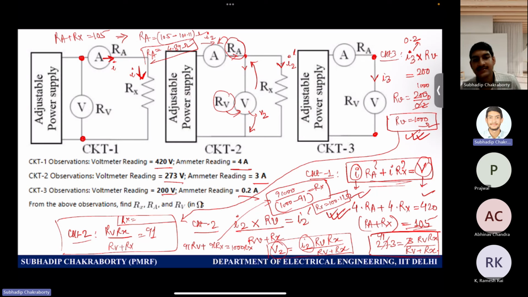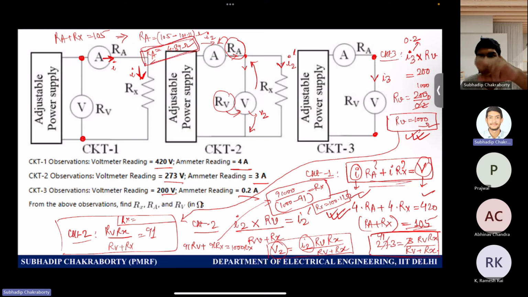One observation you can see is that the internal resistance of the ammeter is much smaller than that of the voltmeter. Ideally, an ammeter should have zero internal resistance so that it does not load the rest of the circuit, because the ammeter is connected in series with the branch whose current you want to measure. And a voltmeter ideally should have infinite internal resistance so that it does not load the part of the circuit to which it is connected in parallel.